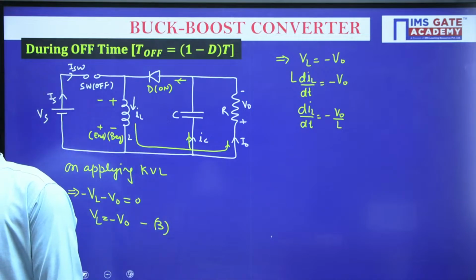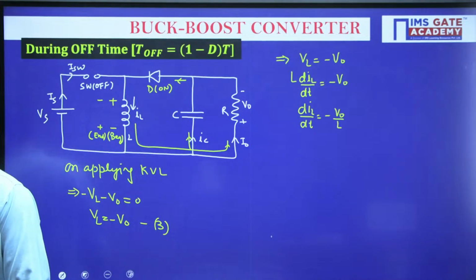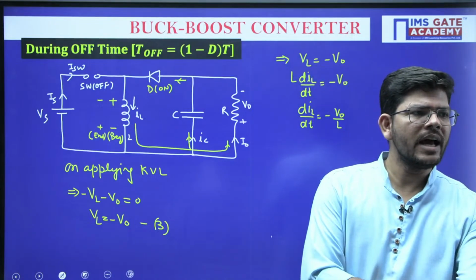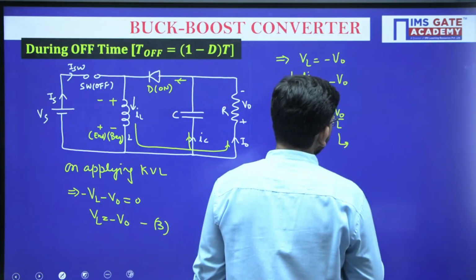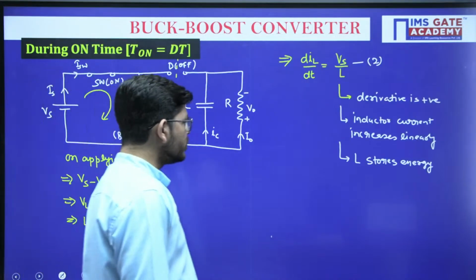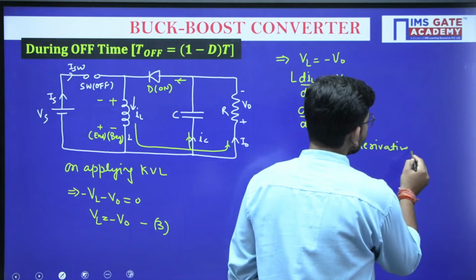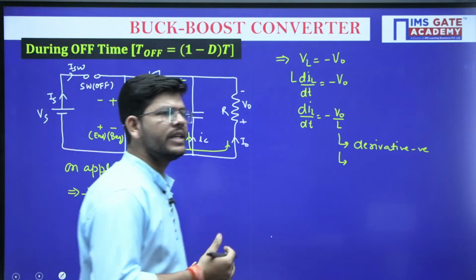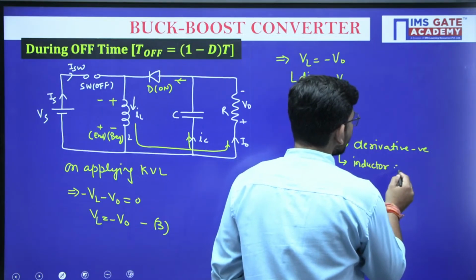And can you see one thing? This derivative of inductor current is right now negative. Earlier, what we had written here, the derivative was positive; right now the derivative we have is negative. If this derivative is negative, that means the slope is negative, that means the inductor current is right now decreasing linearly, isn't it?